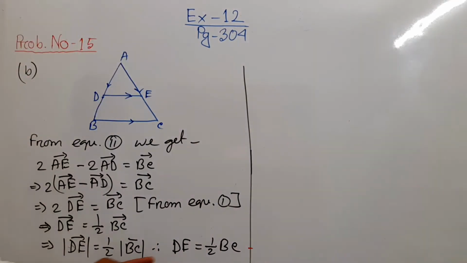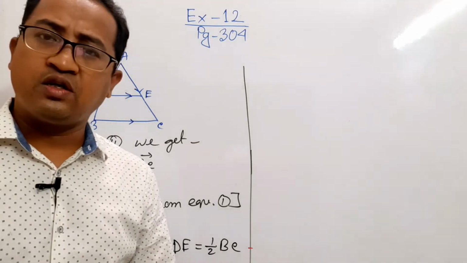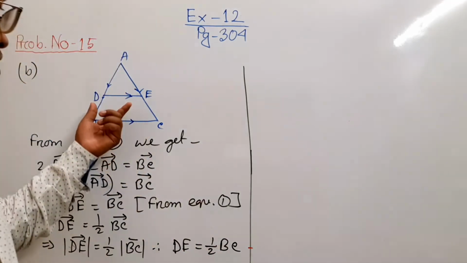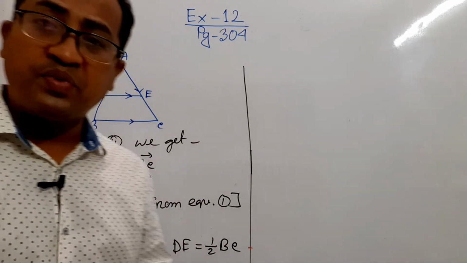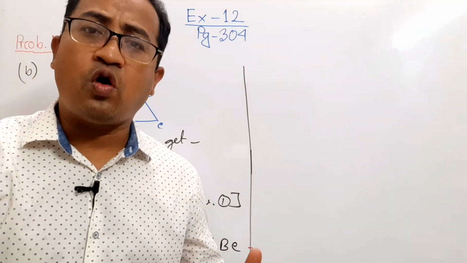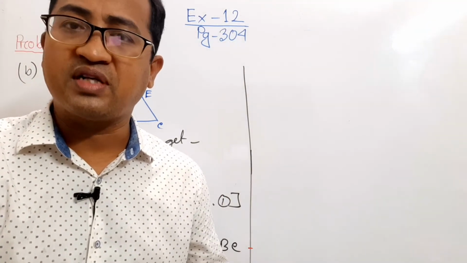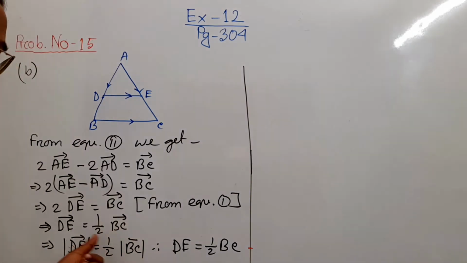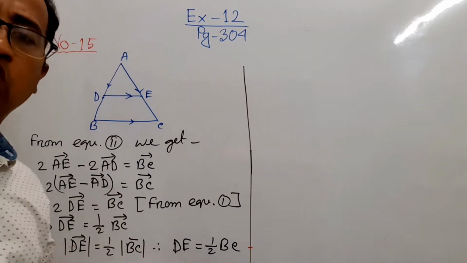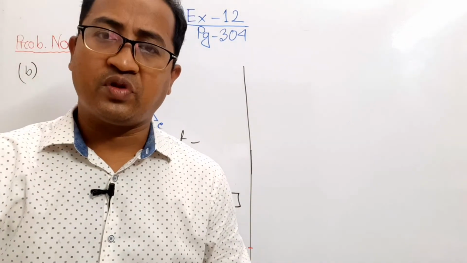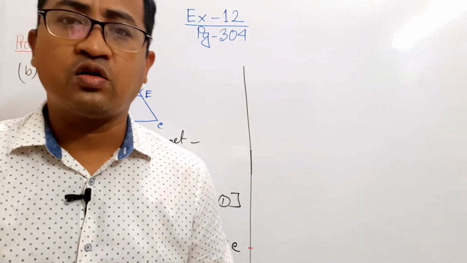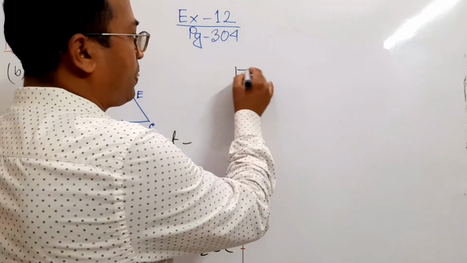Since DE is equal to half of BC, the lines of support of DE and BC will be same or parallel. But are they same? No, they are not same. So they are parallel to each other.